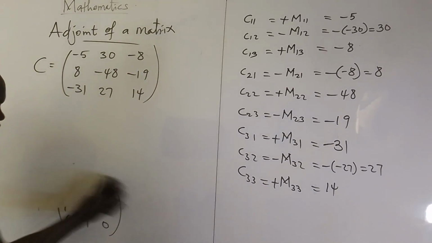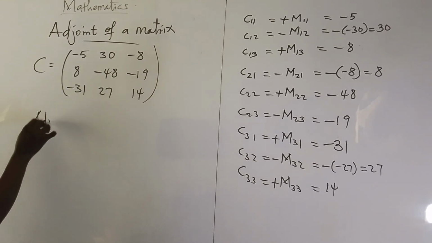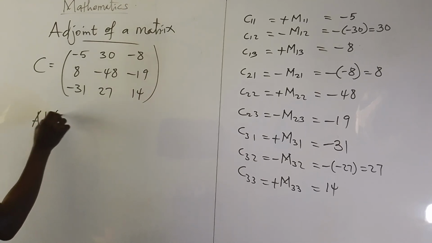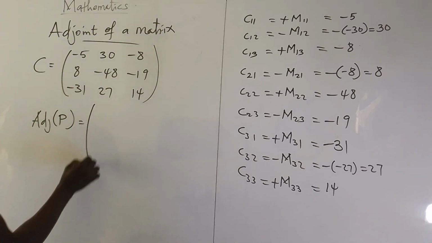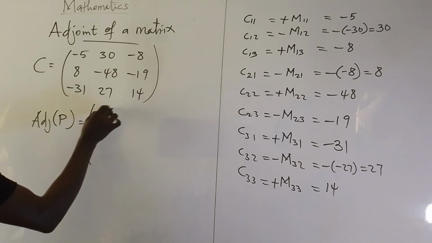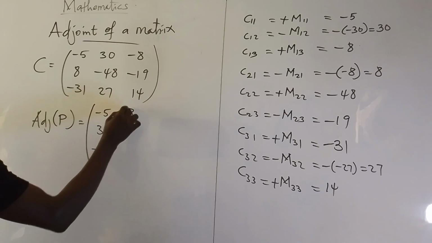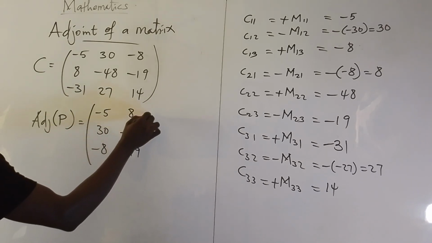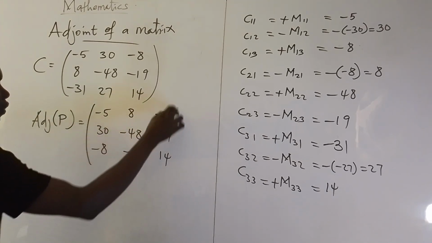So the corresponding adjoint of the matrix P simply means the transpose of this, and that is minus 5, 30, minus 8, 8, minus 48, minus 19, minus 31, 27, and 14.